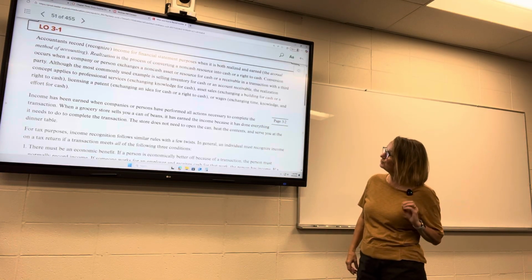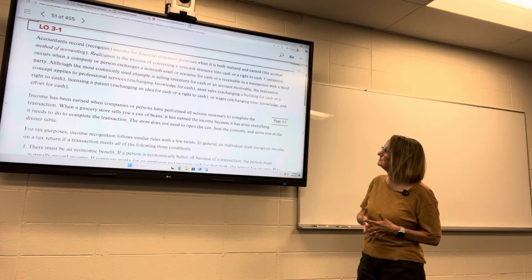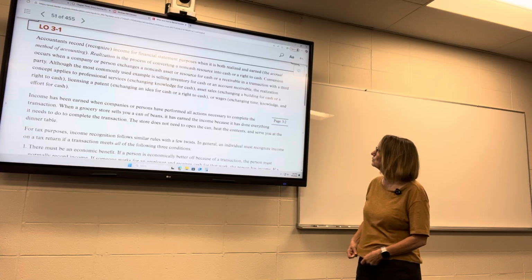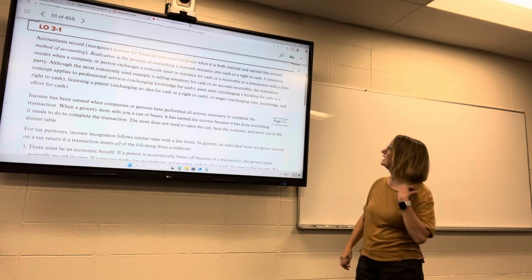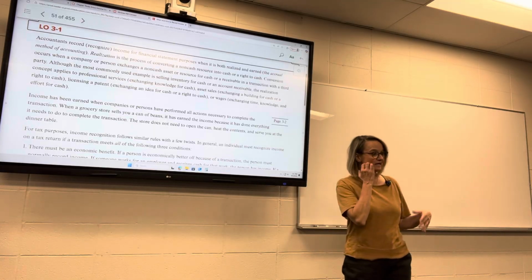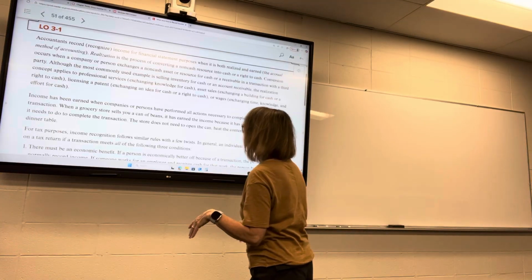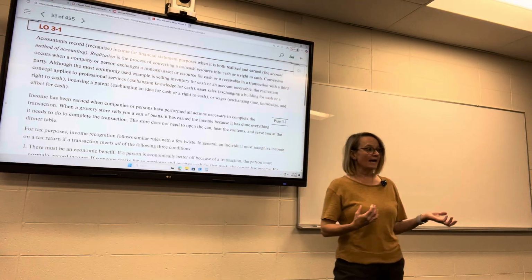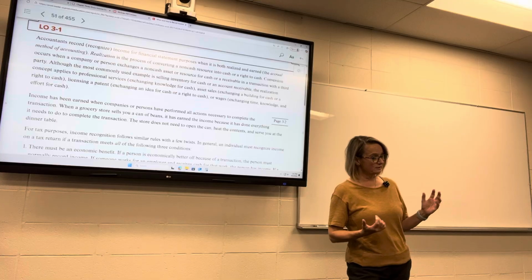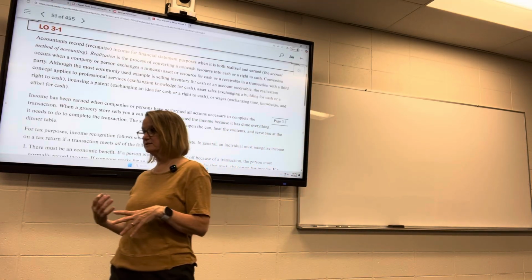So realization of revenue, as they define it here, is the process of converting a non-cash resource into cash or a right for cash. Now, again, this is from a financial accounting perspective. That realization of revenue happens at a different time for tax purposes than it does for financial accounting purposes.